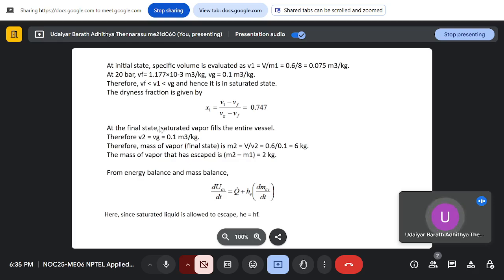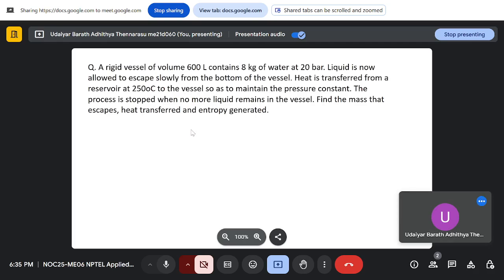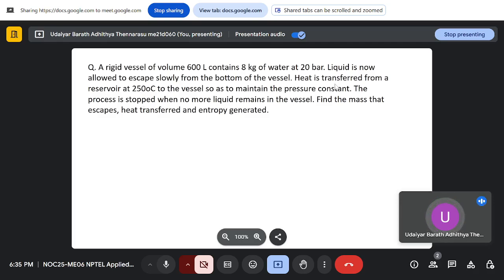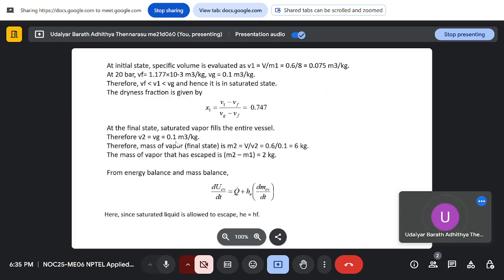At the final state, saturated vapor fills the entire vessel. The process stops when no more liquid remains in the vessel, so the whole vessel contains vapor, and we are supplying heat to maintain constant pressure. We know the specific volume of saturated vapor is 0.1 meter cube per kg.